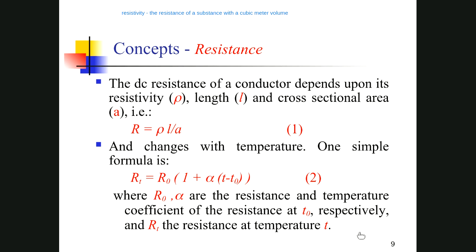Now you understand that the resistance of a conductor is not a constant.